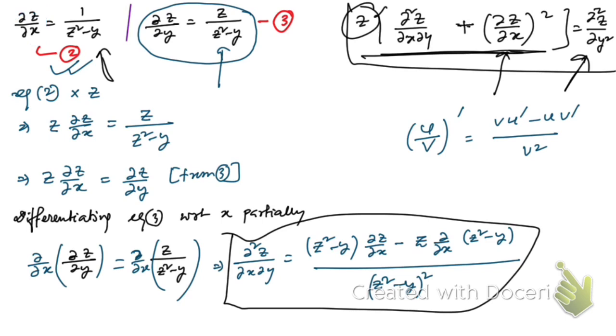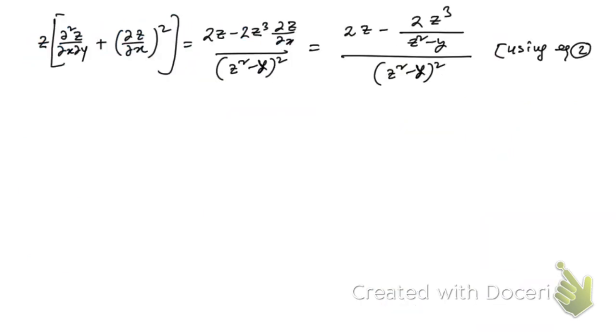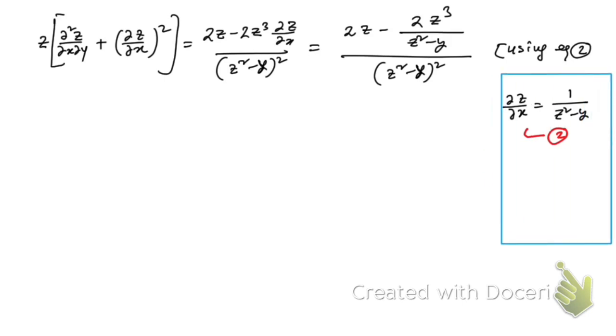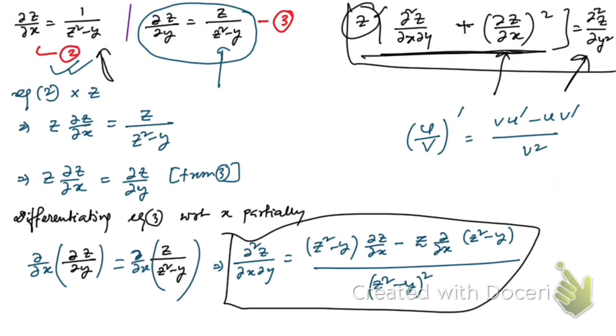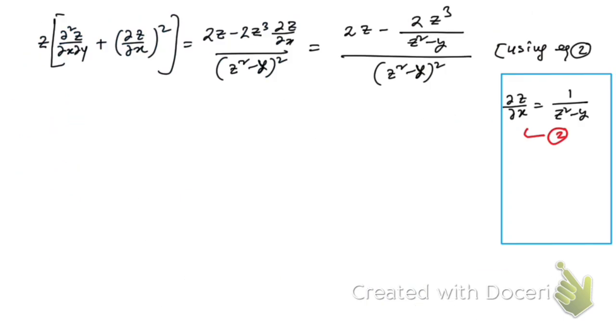Let me copy this 2 and 3 because we need these equations frequently. This is 2 and let me write the 3 as well. So this is equation number 3 here.